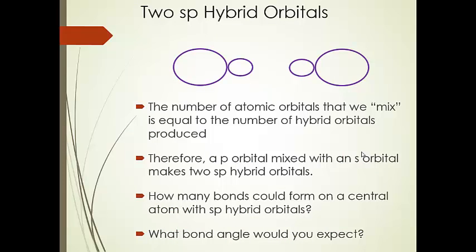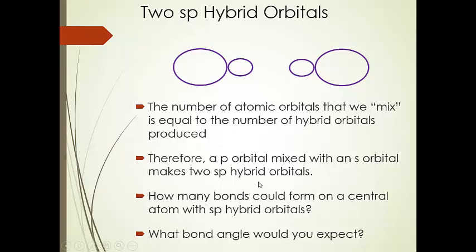All right, so just to recap for sp hybrids so far, the number of atomic orbitals that we mix is equal to the number of hybrid orbitals that we produce. So we mixed a 2s and a 2p, one of each, and we got two sp hybrid orbitals. Do you like how they're named after what we mixed? S and p.